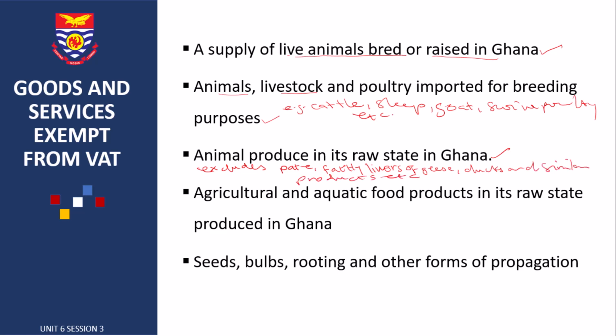Then we have agricultural and aquatic food products in its raw state produced in Ghana.